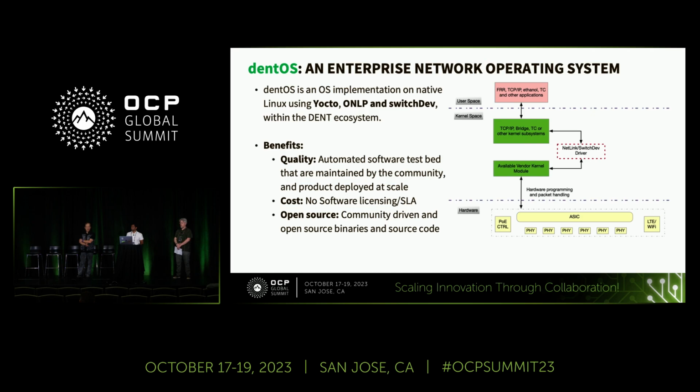So we have the test subgroup, and thank you to Keysight, a key member of Dent, who have put in very intense testing test beds, real physical test beds in their labs, and make them accessible, not just for internal Dent community testing, but any users that want to get their hands on and try it out can be given access remotely. So those are some of the benefits that Dent is putting on. Of course, we have no software licenses, just like any open source project. We don't want to charge for that, and it is an open source community focus.